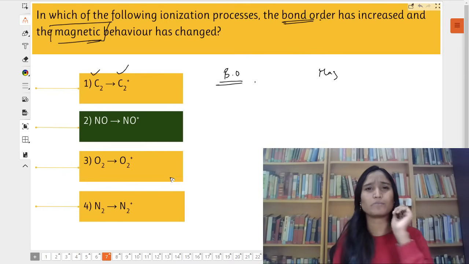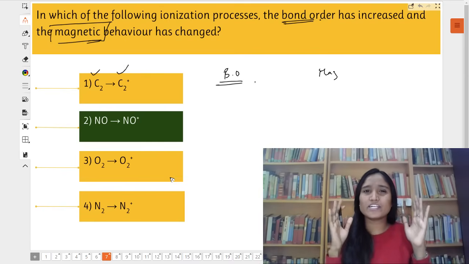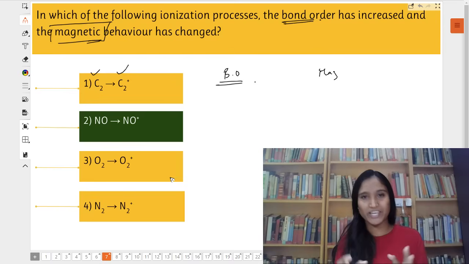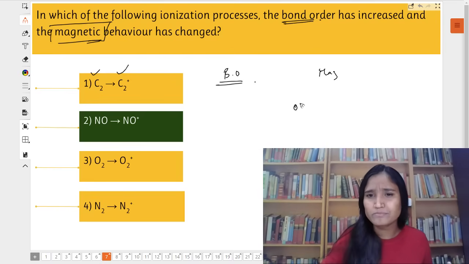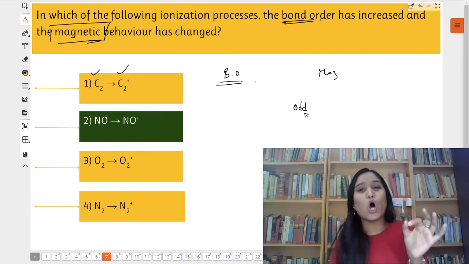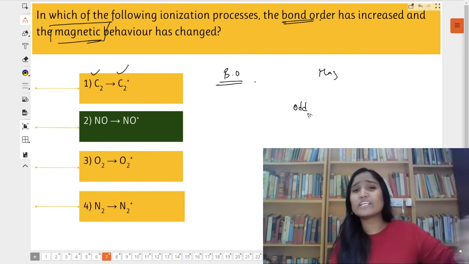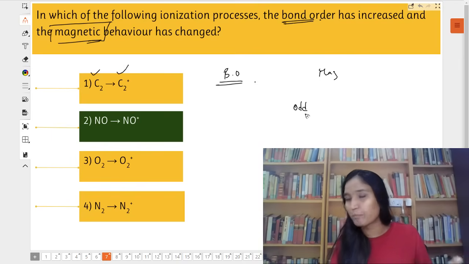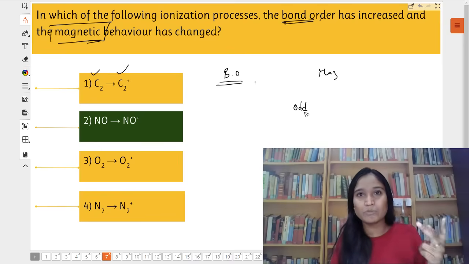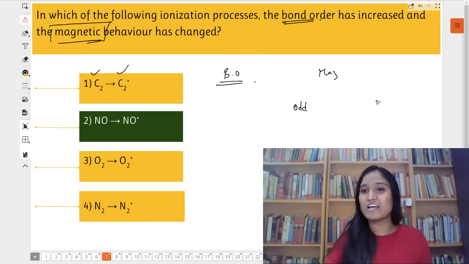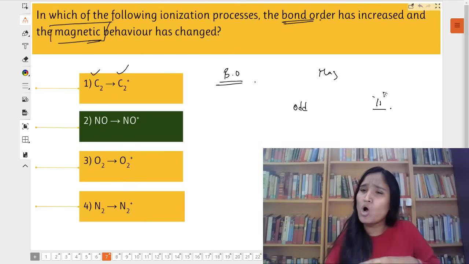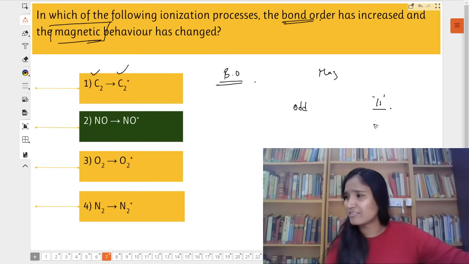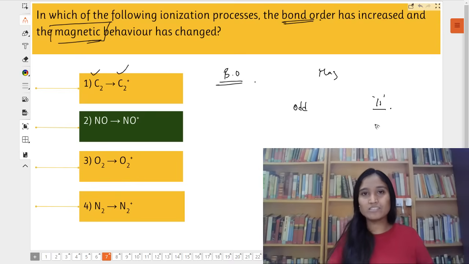I'll ask you one simple question. If all the electrons in the molecule are perfectly paired, could the total number of electrons be odd? Pairing is nothing but being double. If there are 11 electrons in a molecule and I say all 11 are completely paired, it can't happen, right?